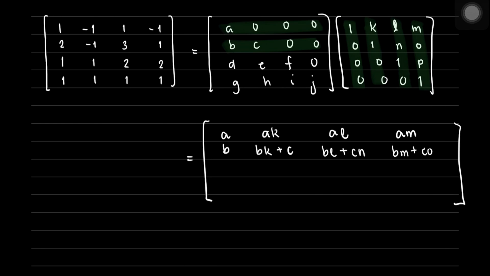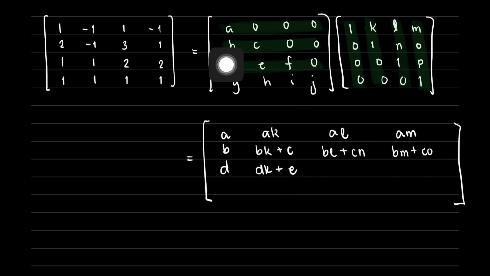For the third row, we repeat the process. So d times 1 plus e times 0 plus f times 0 plus 0 times 0. So that's basically equal to d. d times k, so that's dk, plus e times 1, so that's equal to e. f times 0, 0 times 0.